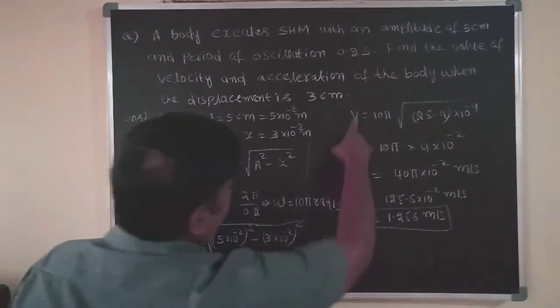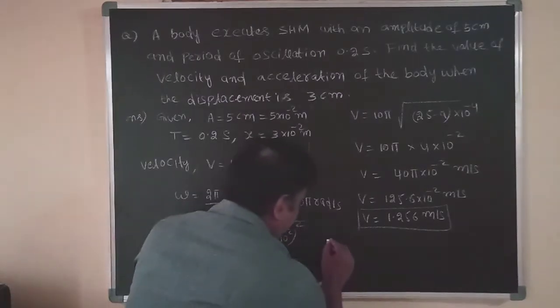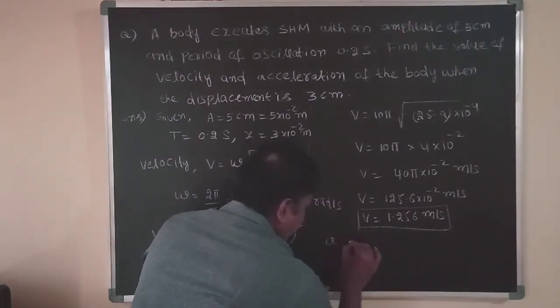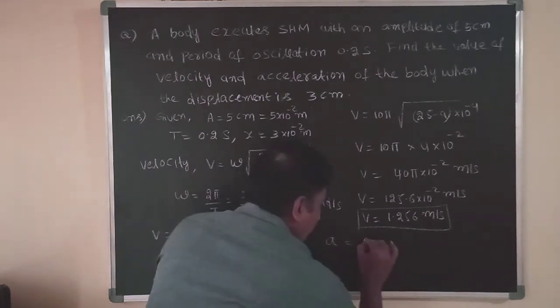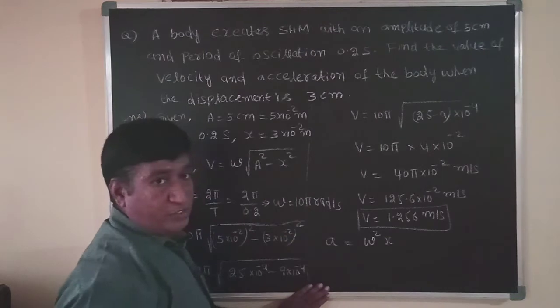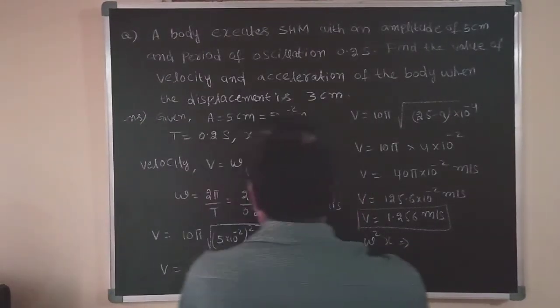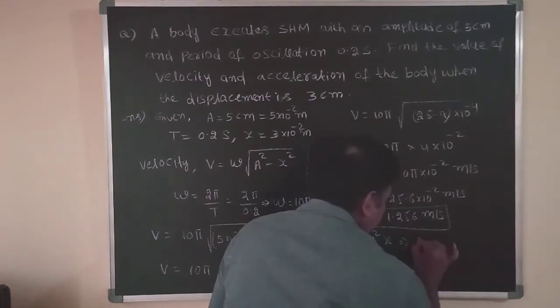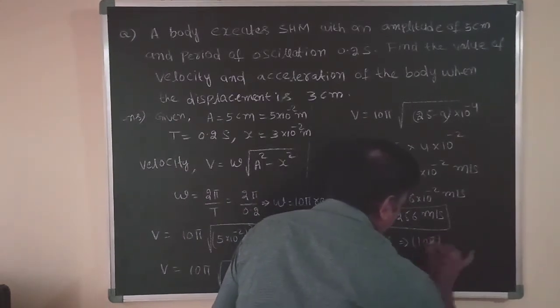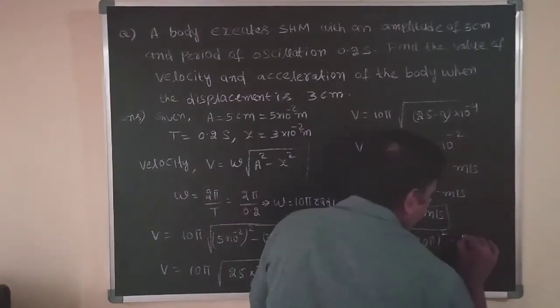And then the next one they have asked is acceleration. For this, the formula is acceleration a is equal to omega square x. By substituting the omega value, which we have proved here as 10π, it is 10π whole square into x value, which is 3 into 10 to the power of minus 2.